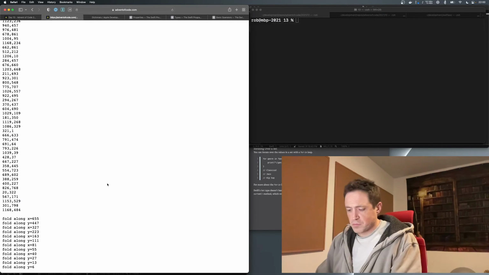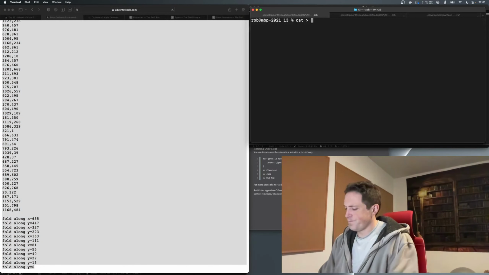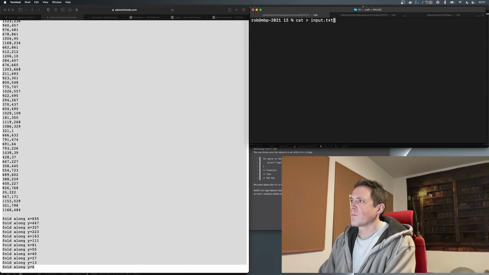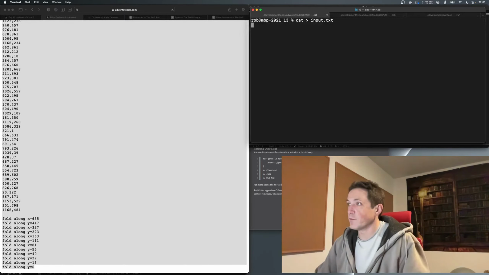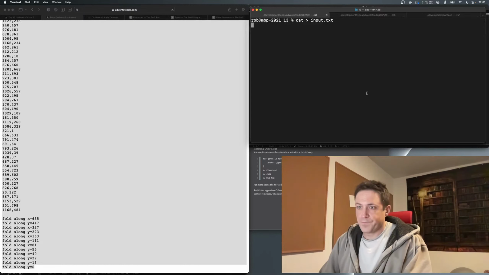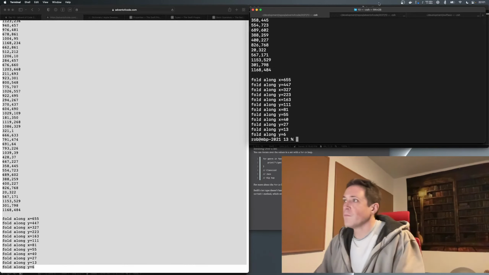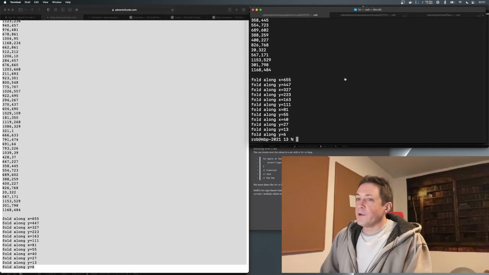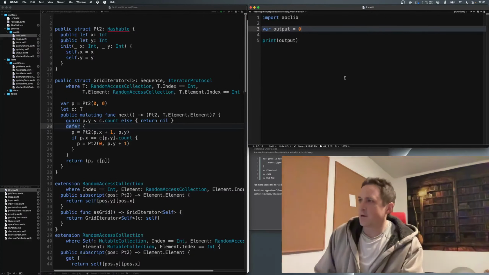Okay. My keyboard's not in the right position, so how can I program with a keyboard in the wrong position? Should we read the problem or should we start parsing? Let's start parsing.